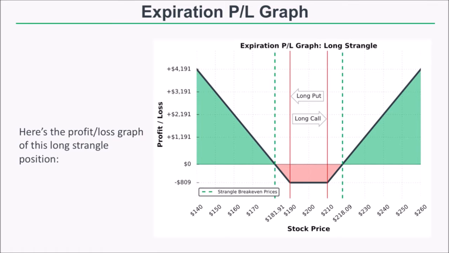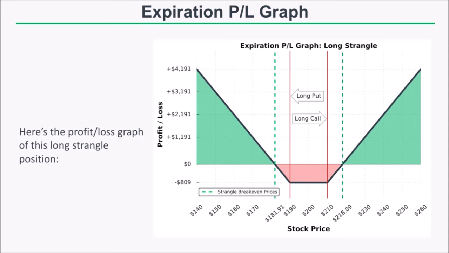So our break-even prices in this example are 181.91 and 218.09. So to have a profit at expiration, we need the stock price to be above 218.09 or below 181.91. As we can see, we need a pretty sizable move in this stock before this strangle expires if we want to have a profit.